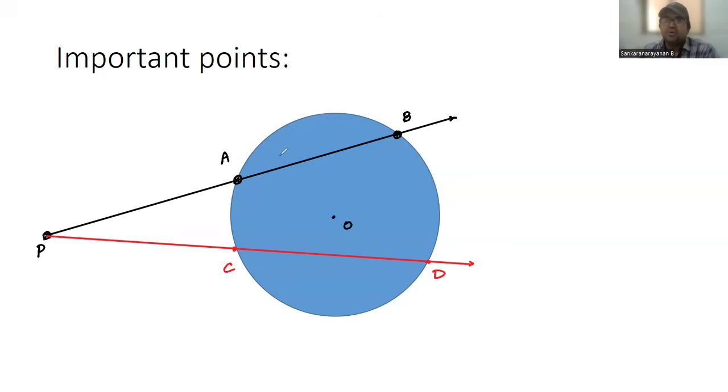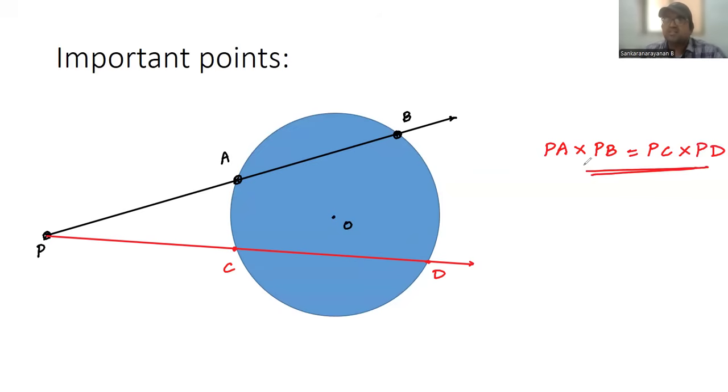The two secants I have represented. We have a result that you have to keep in mind: PA into PB will be equal to PC into PD.